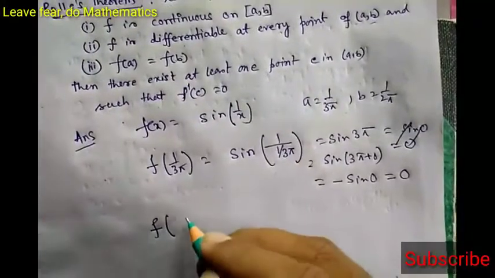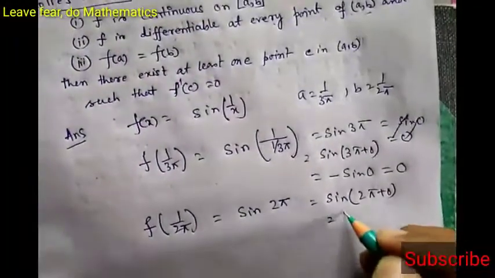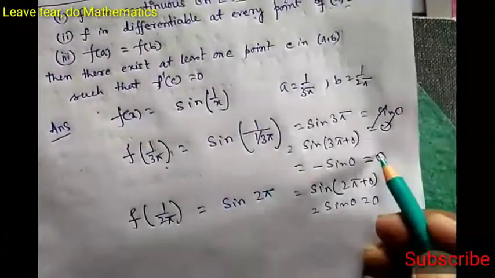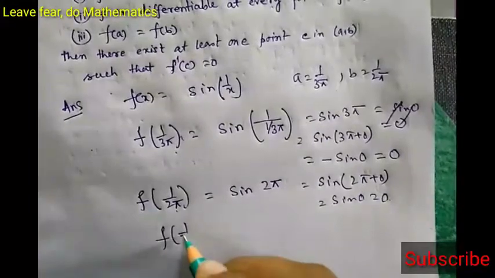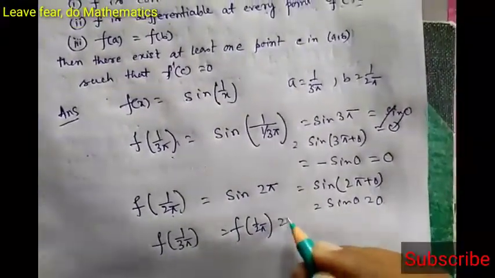Again, f of 1 over 2 pi equals sine 2 pi, which is sine of 2 pi plus 0, equal to sine 0, equal to 0. So f of 1 by 3 pi equals 0 and f of 1 by 2 pi equals 0. So this condition is satisfied, and the third condition is verified.